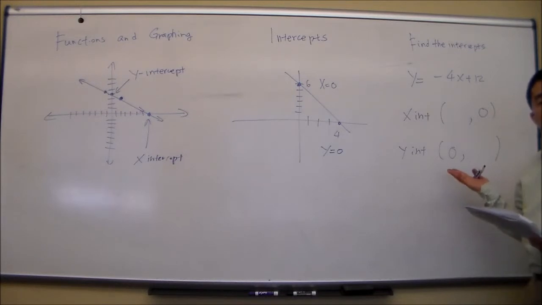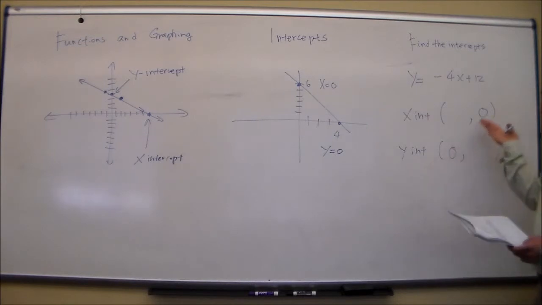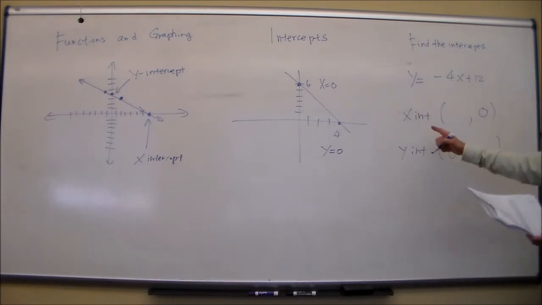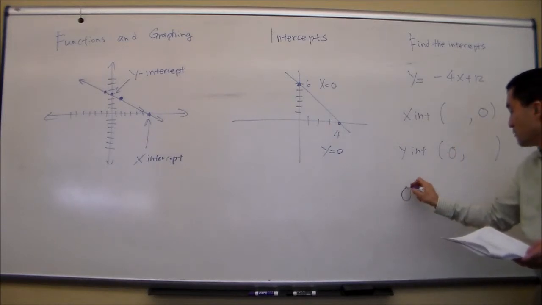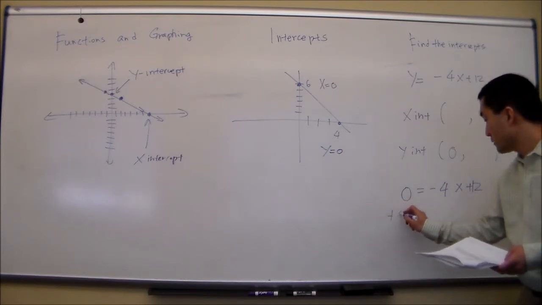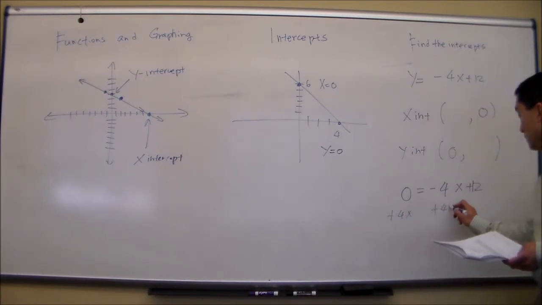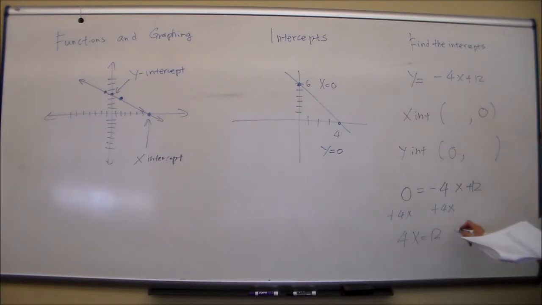So the answer will be in ordered pair form, one for the x-intercept and one for the y-intercept. You already know half of the answer. Great, huh? So what happens for the x-intercept if I plug in 0 for the y? So 0 equals negative 4x plus 12. Add the 4x because I want to get rid of this 4x here. So 4x is 12. That makes x to be 3.